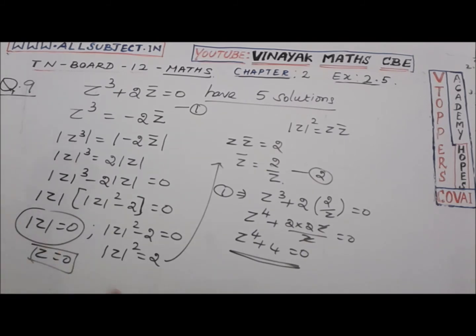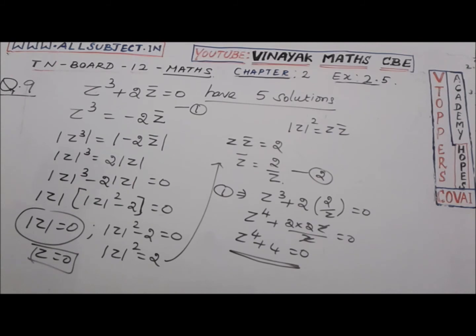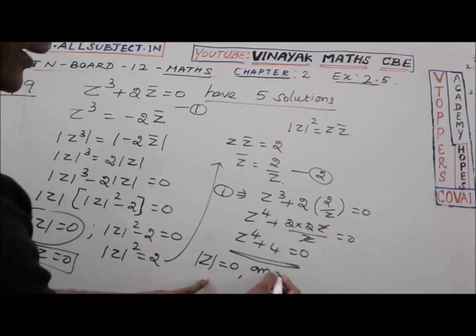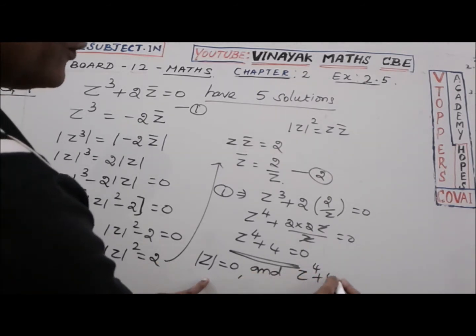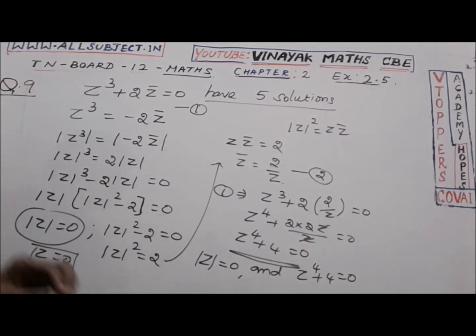So there are 5 solutions for the equation z cube plus 2 z bar equals 0. We have z equals 0 and z power 4 plus 4 equals 0. From these two we get 5 solutions.